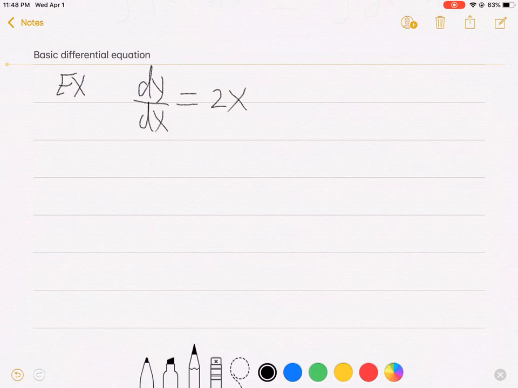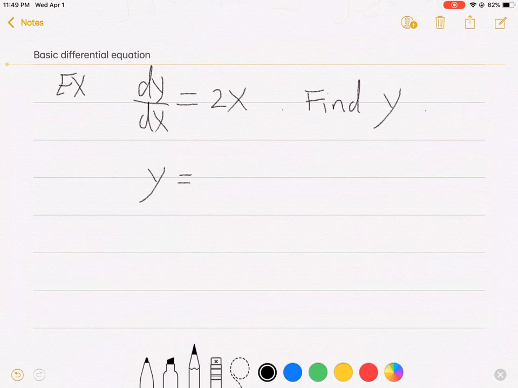So we want to find y. Here we want to find y such that the derivative of y equals 2x. So y is actually equal to what?